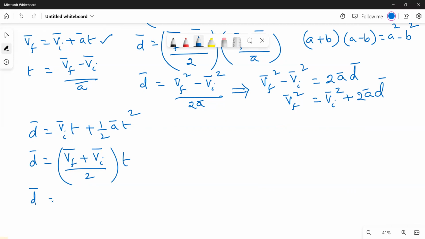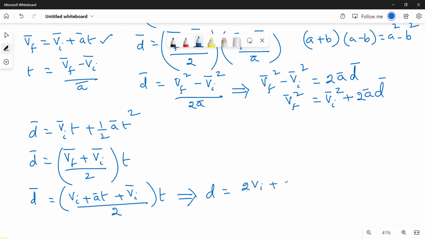Therefore, D is equal to Vi plus At plus Vi over 2 times T. So from this, D is equal to 2Vi plus At times T over 2.